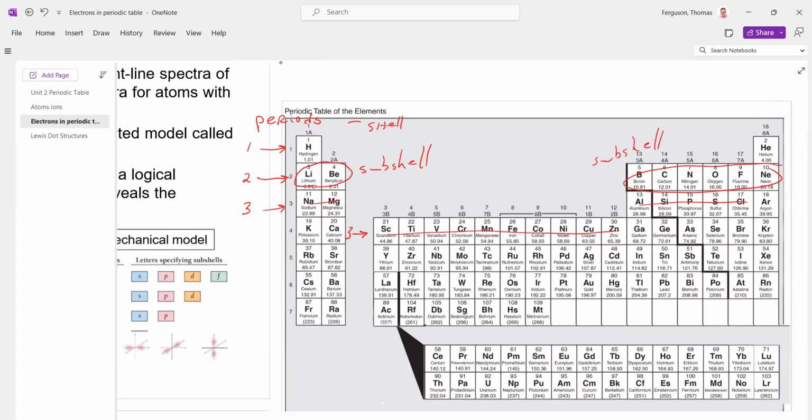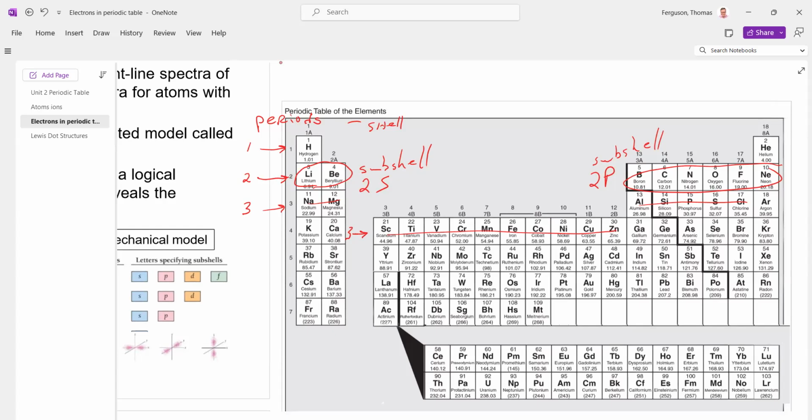And we're going to name this first subshell S, and the second one over to the right P. Okay, and we're going to also number it. Because this is in shell 2, this is going to be a 2s block, and this is going to be a 2p block.